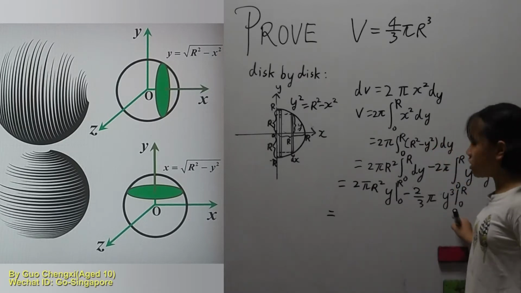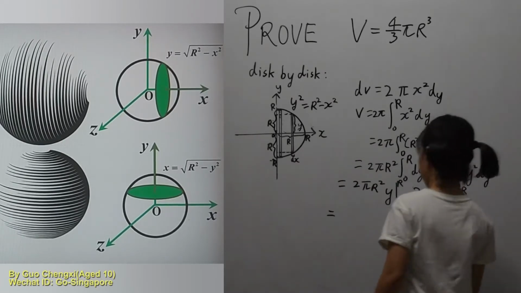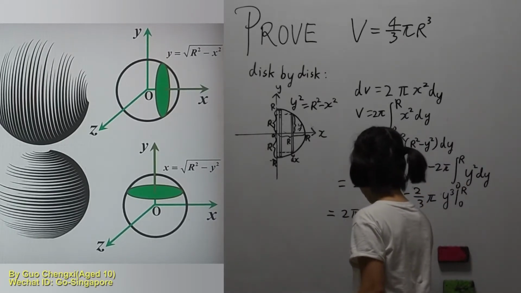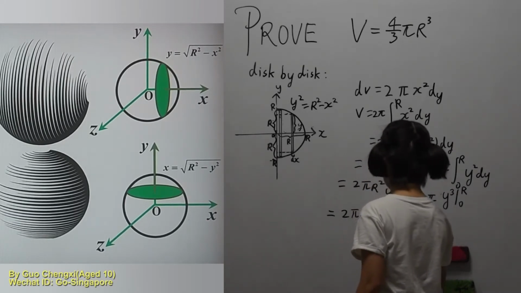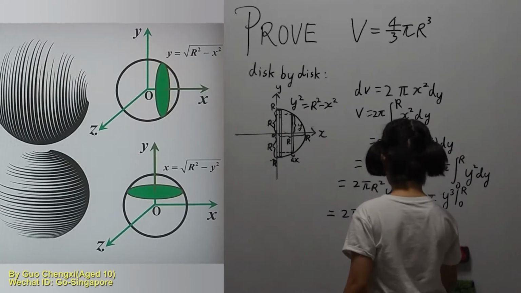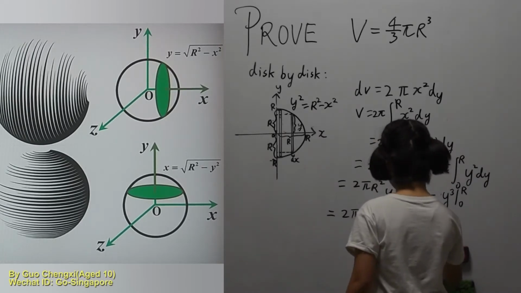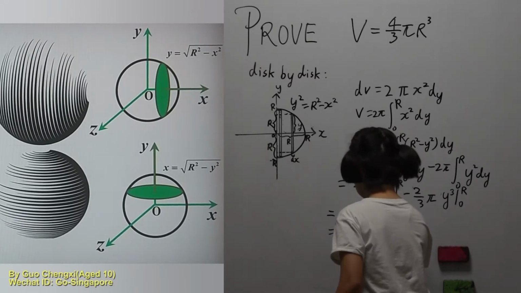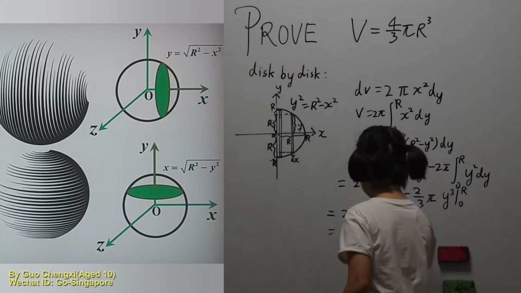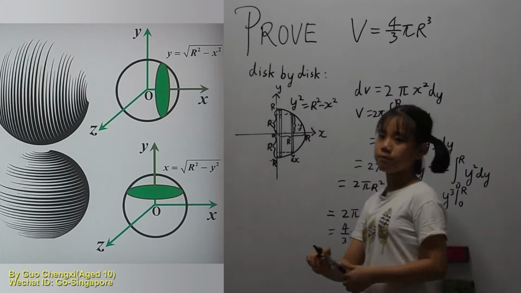So it becomes like this, and then for this part here, 2 pi r cubed minus 2 over 3 pi r cubed, and then here equals to 4 over 3 pi r cubed, like this, okay?